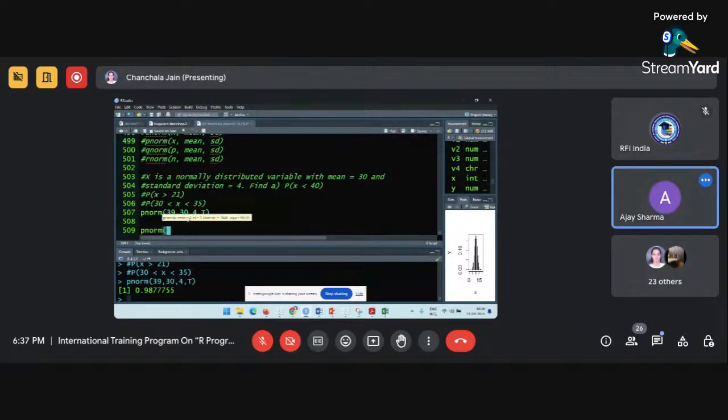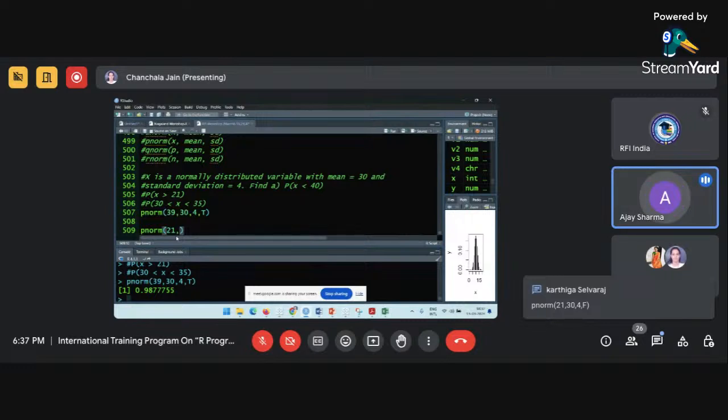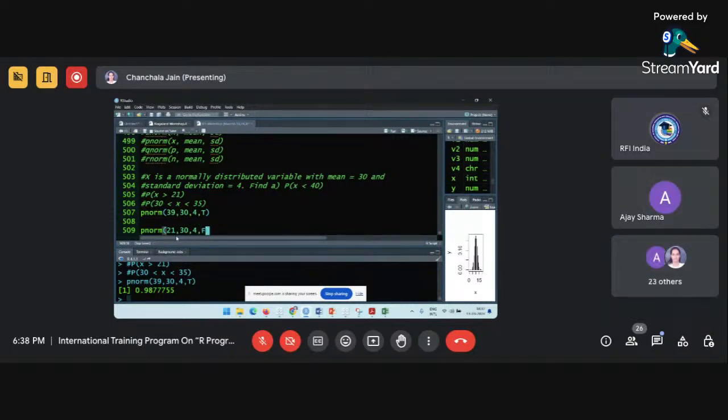So in pnorm, I need to pass 21? Yes, 21. If we go towards false, 21 won't be included, so 22 onwards. 21 is fine. You will tell 21, 30, 4, F. According to me, this is correct.